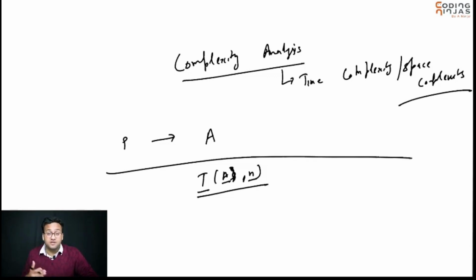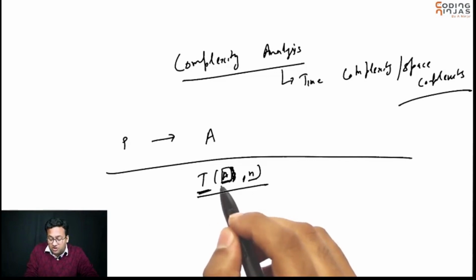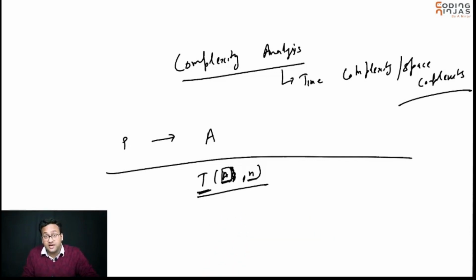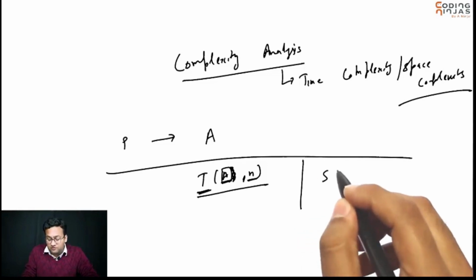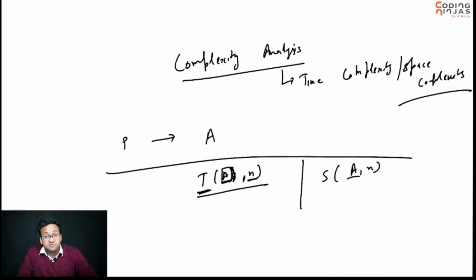Obviously if the input size increases, the time taken is going to increase. Whatever the algorithm, if I ask you to sort 10 numbers and if I ask you to sort 1000 numbers, the amount of time you require is obviously going to be different. Similarly, we want to find the space requirement of algorithm A with respect to input n. That's where we want to reach.